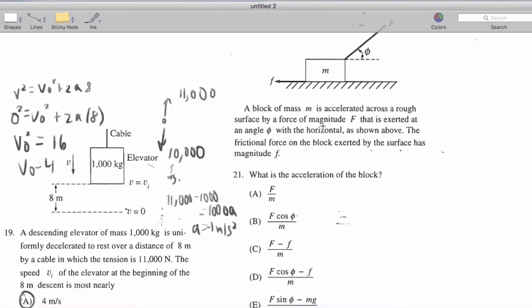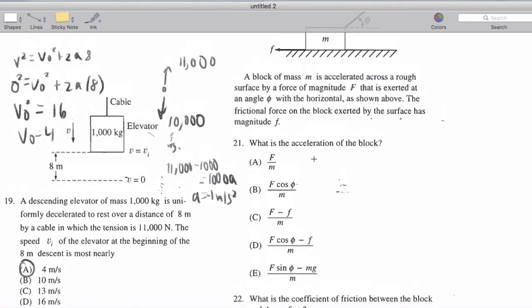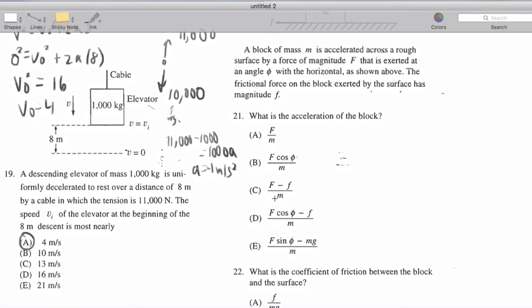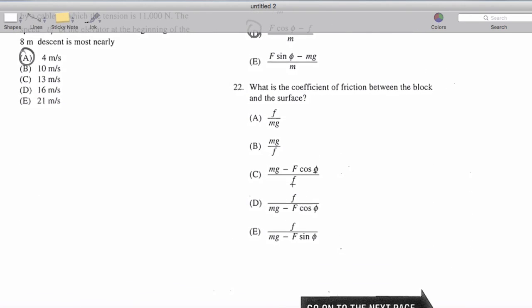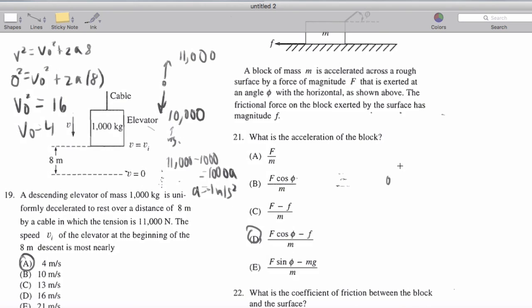All right. Now here we did this one in class, but I just want to refresh your memory that the acceleration of the block is going to end up being F cosine theta minus the friction force over m, and the friction force is going to be mu times (mg minus F sine theta). We get that from our free body diagram. We have F, mg, normal force, friction.